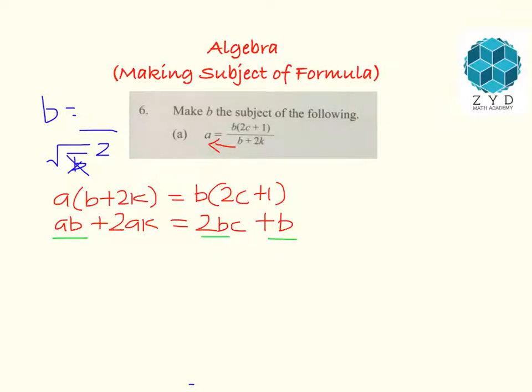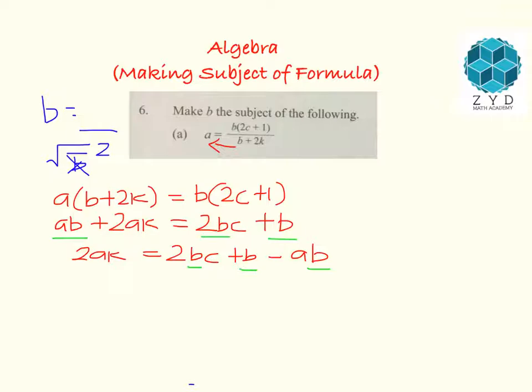So let's group all our b's together and isolate them. So I will have 2ak equals to 2bc plus b, sorry, this will be a minus, okay, minus ab. So now all our b's are on one side of the equal sign.